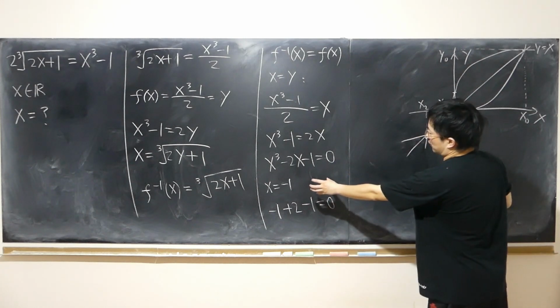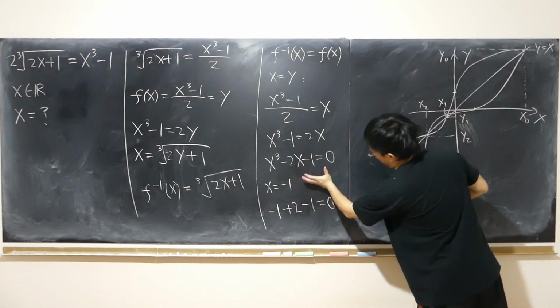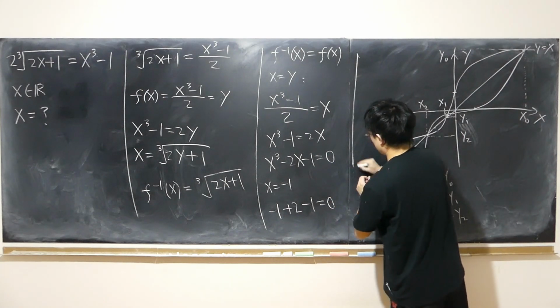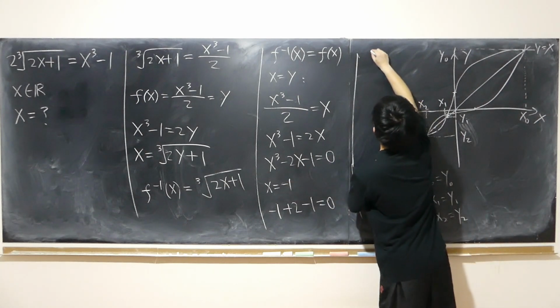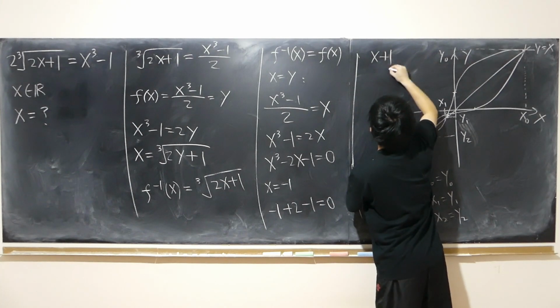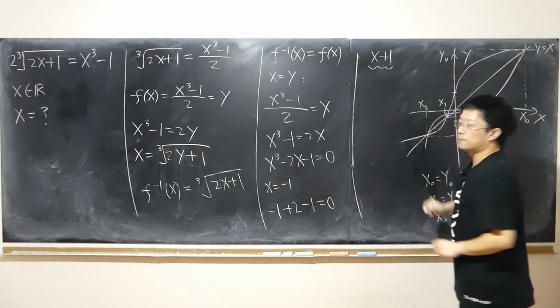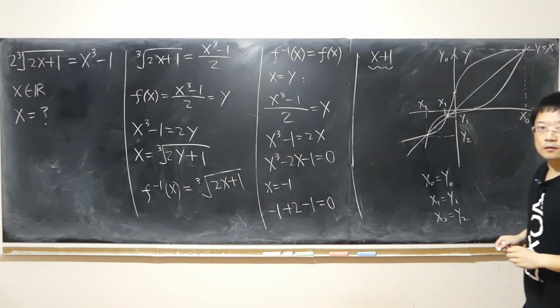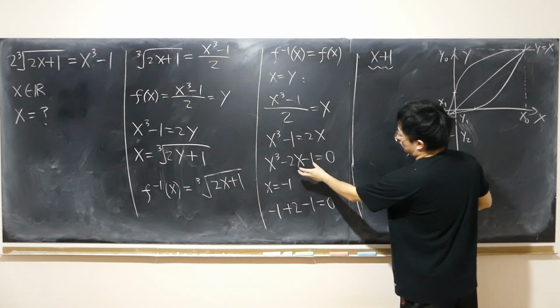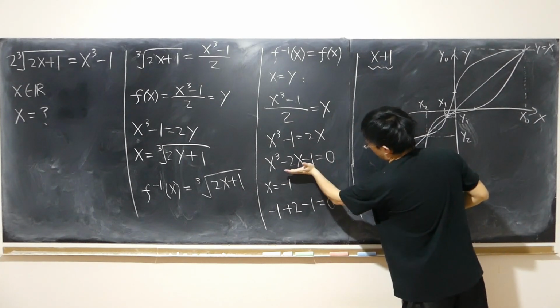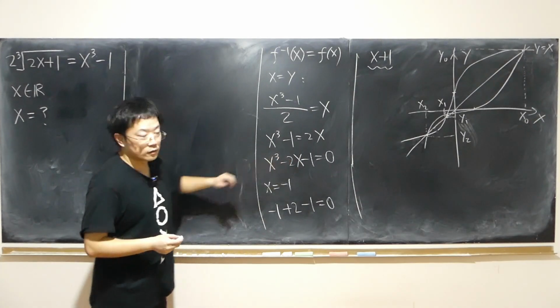So we immediately know that one of the factors is x plus 1. That's a factor. So we can either use long division or simple factorization. Let's try long division.